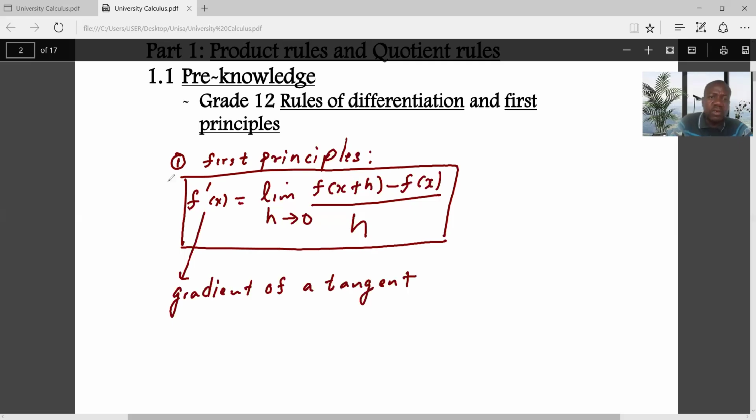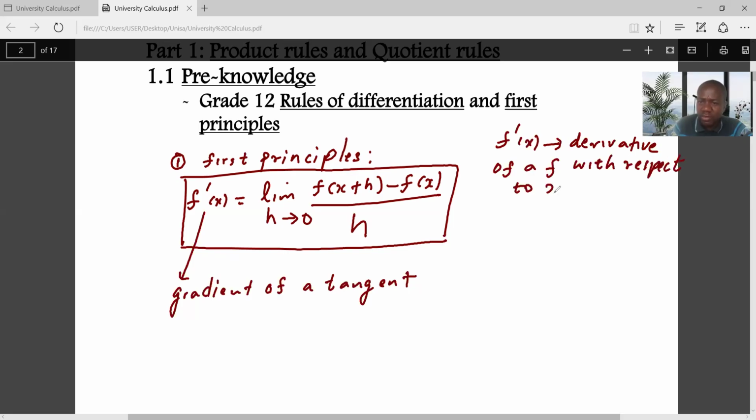So f prime of x, which is the derivative of f with respect to x, is used to determine the gradient at a point.